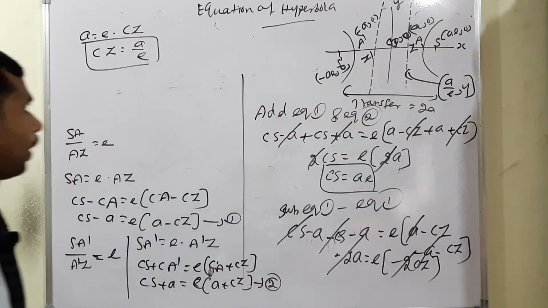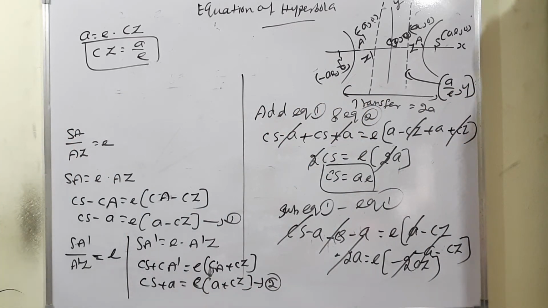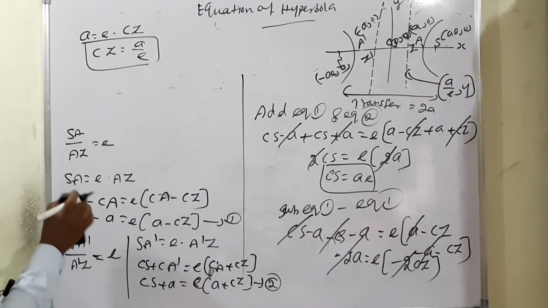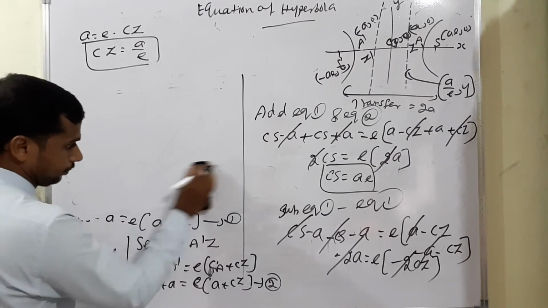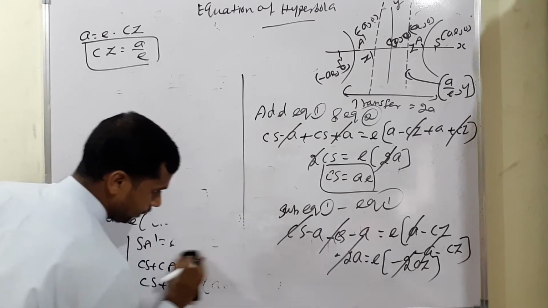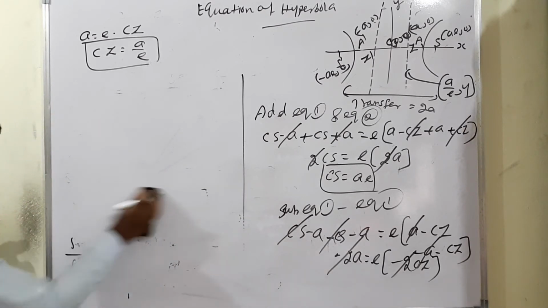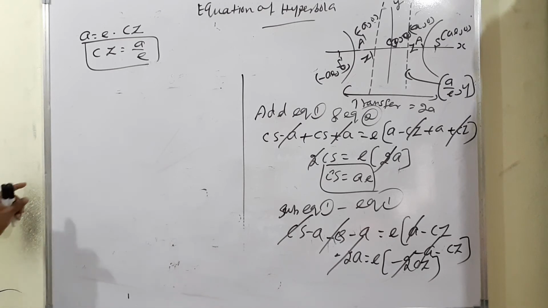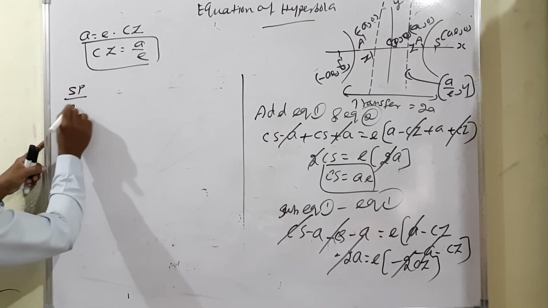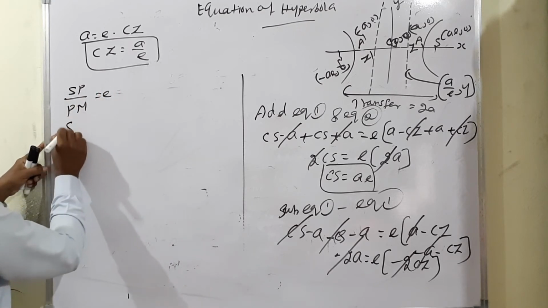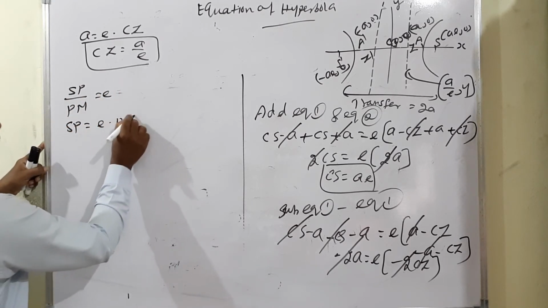Now I am moving to find the equation in general terms. What is the main condition? SP divided by PM is equal to E, so SP is equal to E into PM.